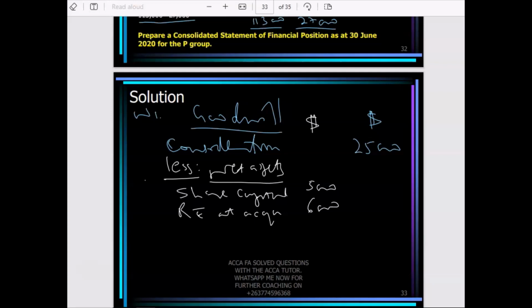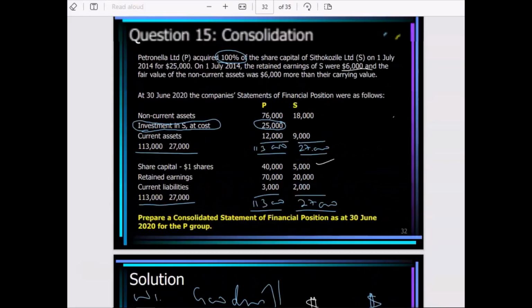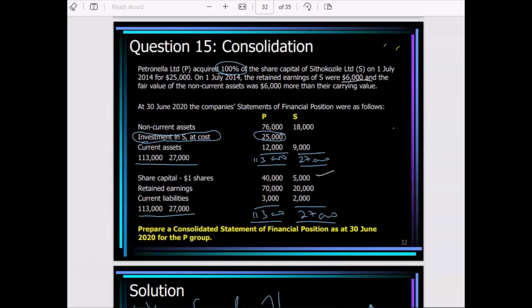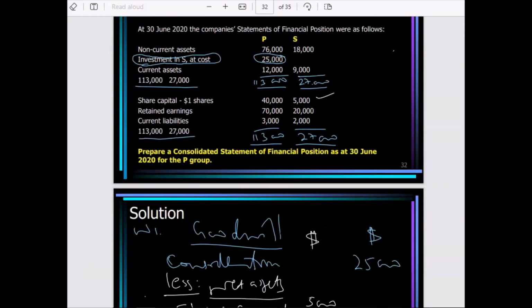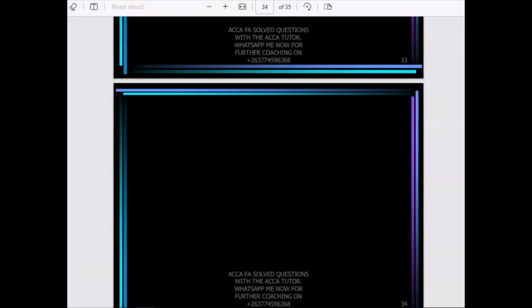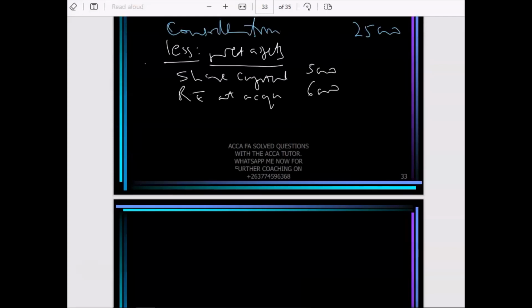And then we are told that there has been some fair value uplift, because at the time of acquisition, the non-current assets had a fair value of $6,000 more than their carrying amount. So we call that one a fair value uplift.